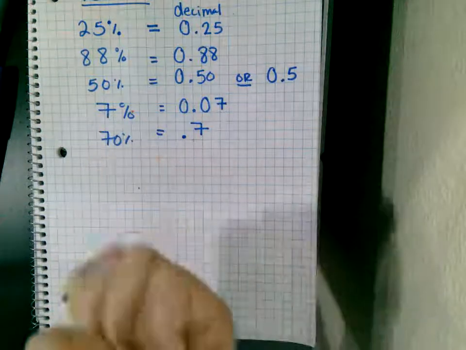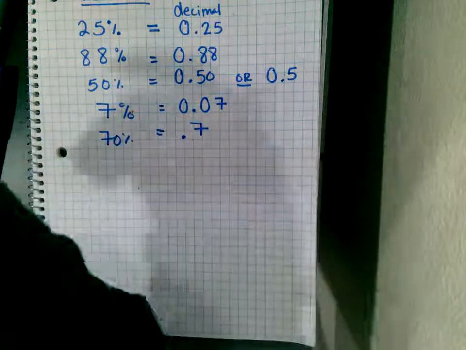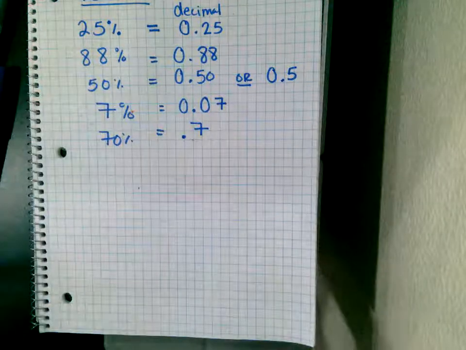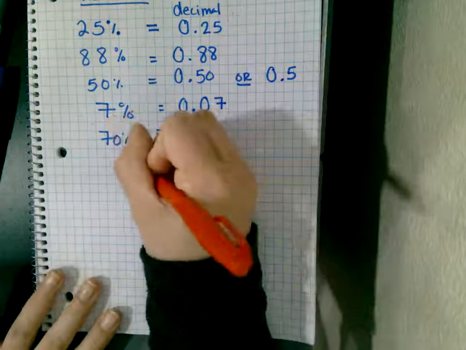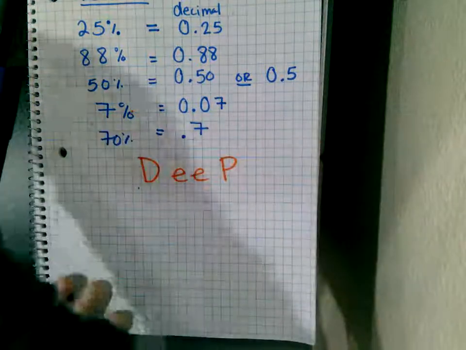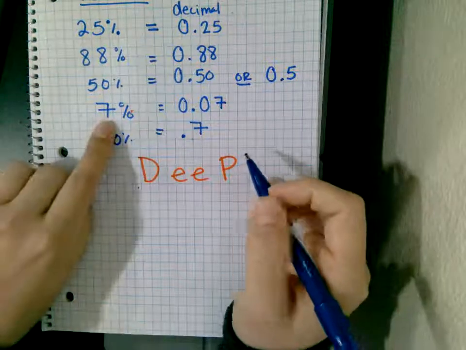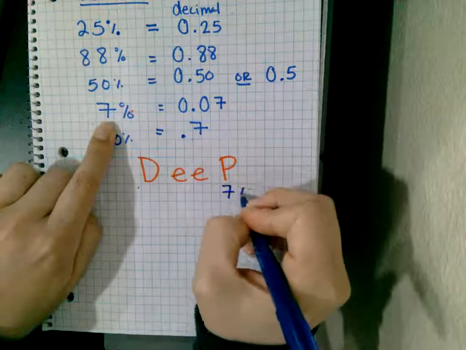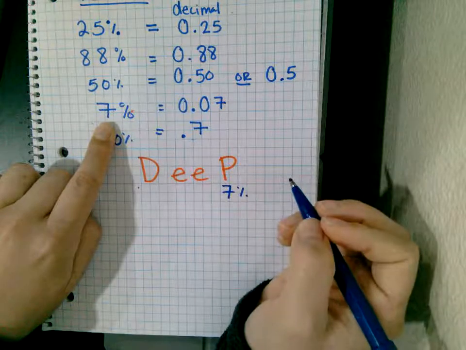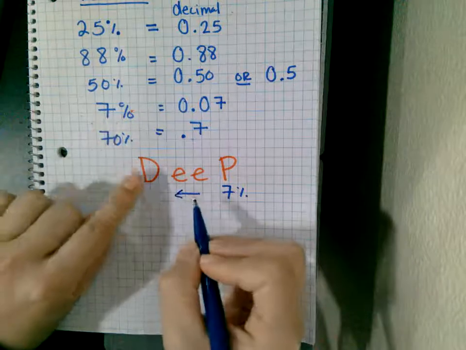So notice a difference here. If it's just a single number, it would be the zero in front. I like to use the word deep, like deep sea, deep trouble. If I have the percent 7%, I need to move the decimal 2 times, because there's 2 E's, to the left to make it into a decimal.